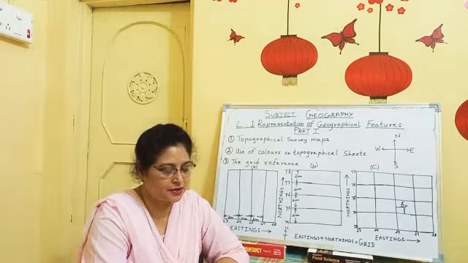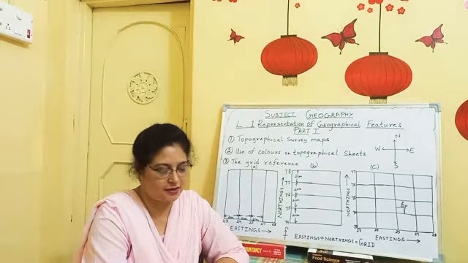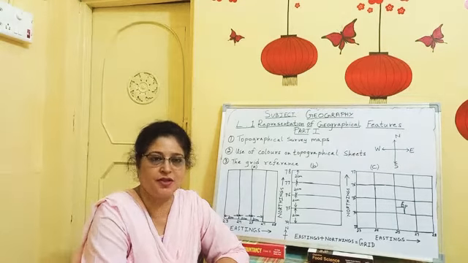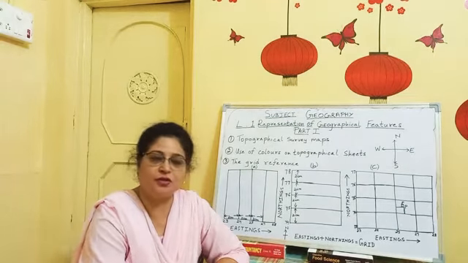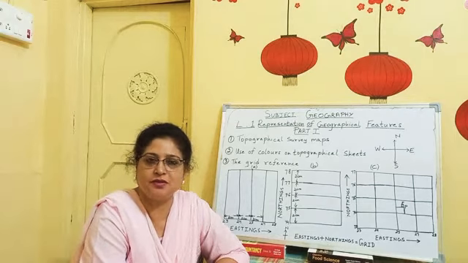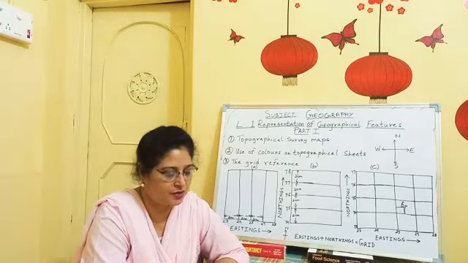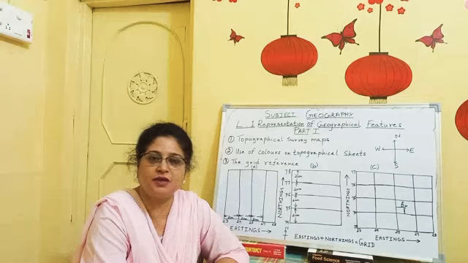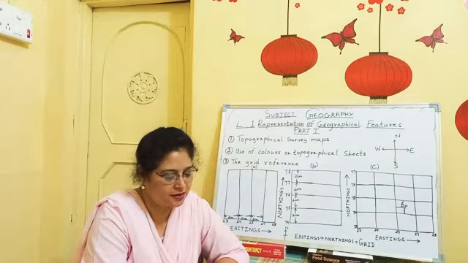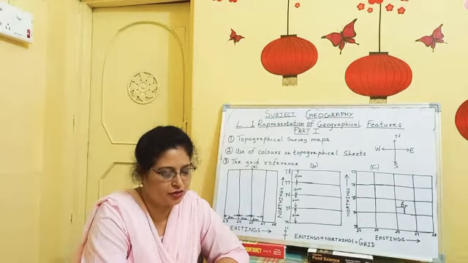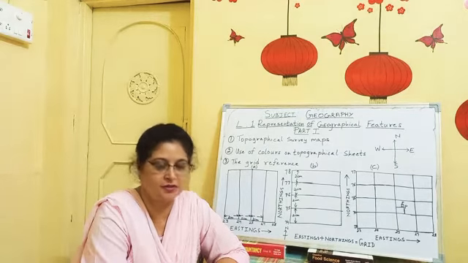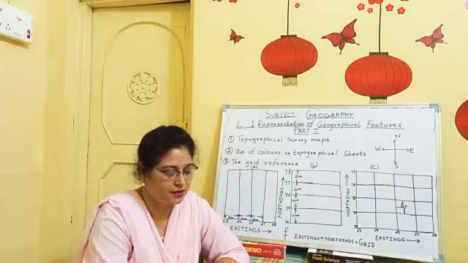Brown. Brown represents contour lines, their heights and relief features like mountains. So brown is also usually used to show mountains. And contour lines, what does that mean? Contour means an outline representation or bounding the shape or form of something. That is the meaning of contour.